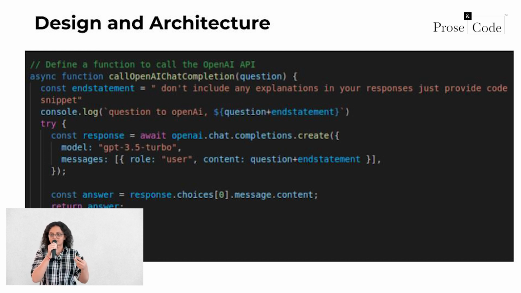We just need the code part of it, so we can add an instruction to give brief results. I have added that whatever the question is, just provide the code, don't provide the explanations. And whatever question the prompt gets would be asked as a user role, along with the system statement. Whatever answer it gives, if you remember, it was in choices, the content, and it would be pasted back.